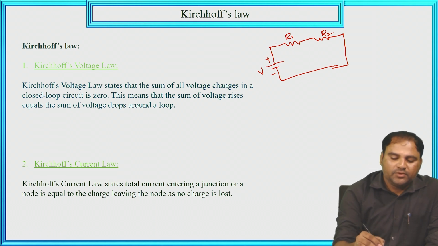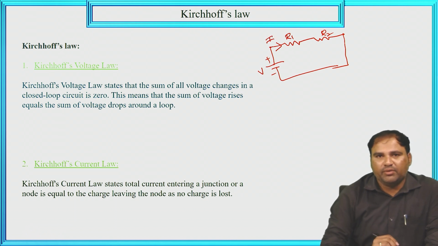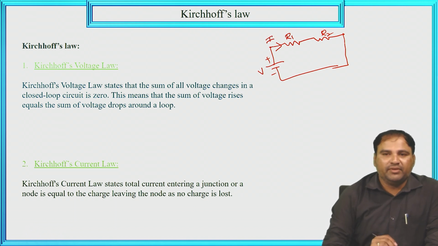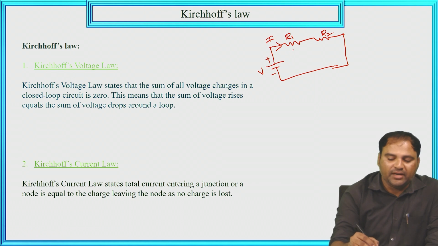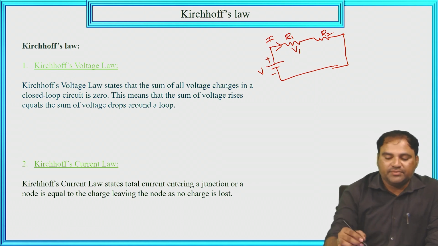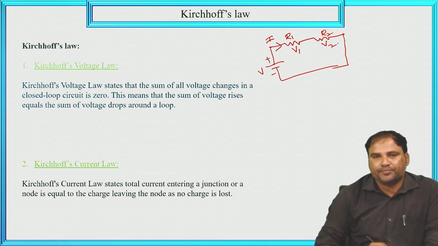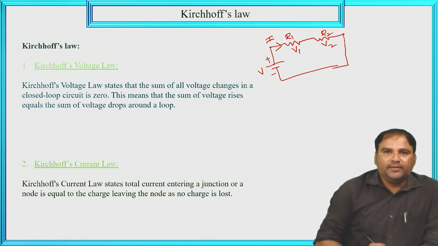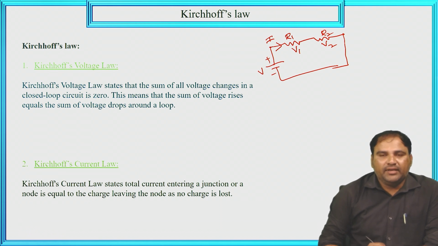Current through R1 and current through R2 will be the same, but we have different voltage drops at R1 and R2. At R1 the voltage drop is V1, at R2 the voltage drop is V2.